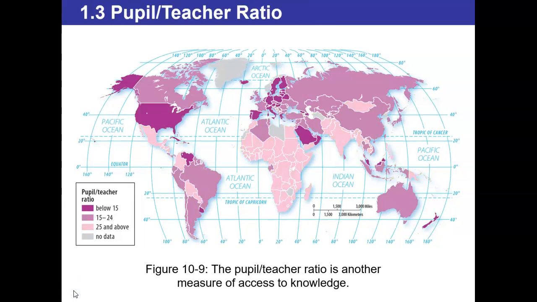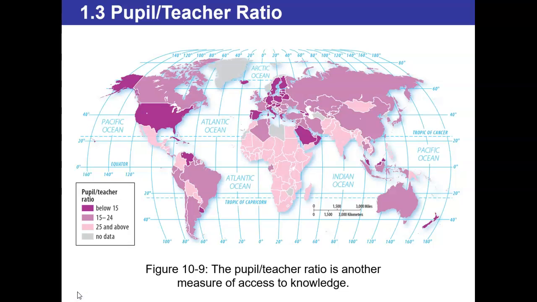Another place to look into education would be the pupil per teacher ratio. So this is the number of students to teachers. It is a lot lower in your more developed countries and higher in your less developed countries. This means that there are far more teachers in the more developed countries and far fewer teachers in the less developed countries.